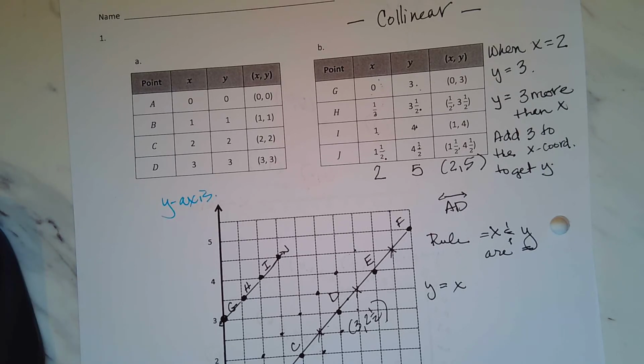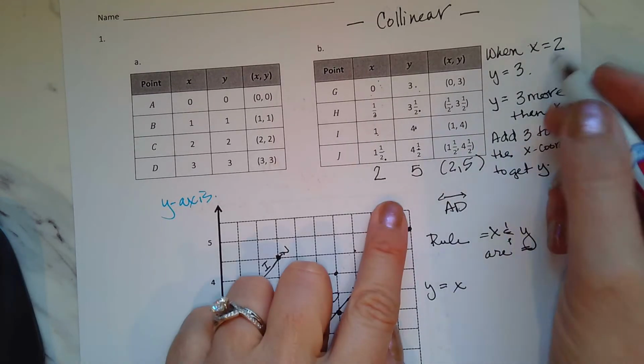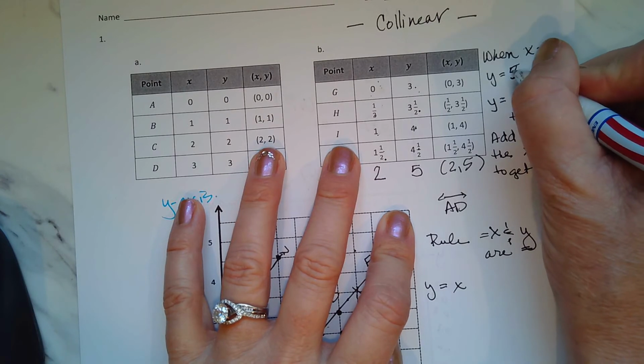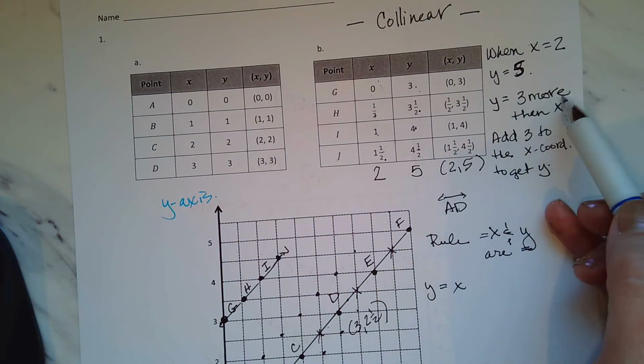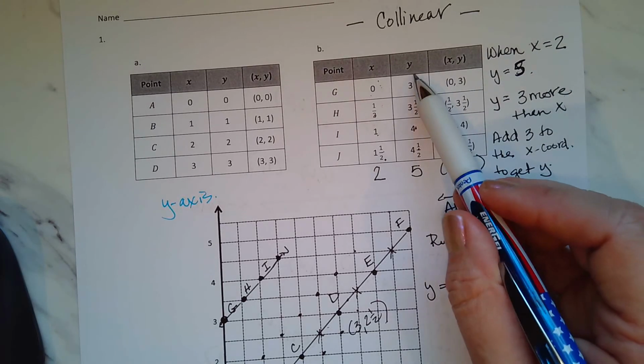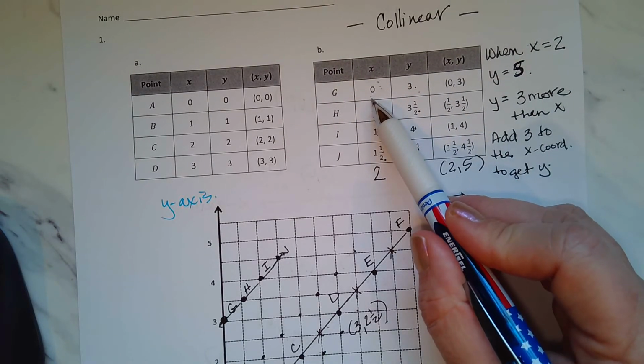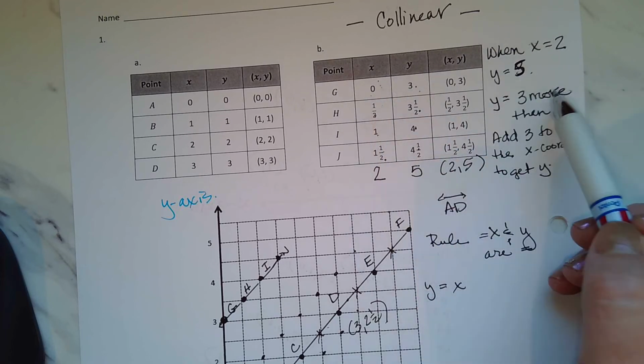So we know when x equals 2, y equals 5. Y is equal to 3 more than x. That could be your rule.